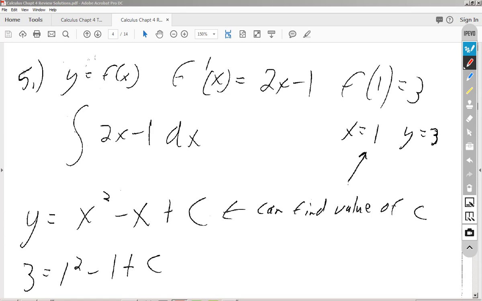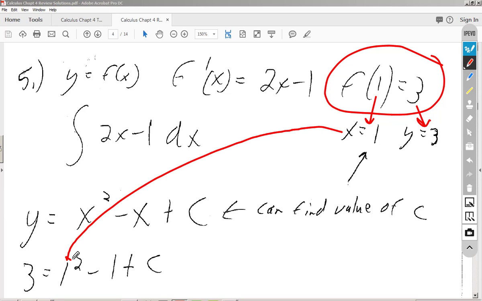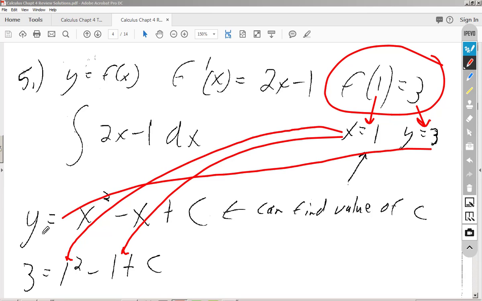But since I'm given this function value in my problem, it says that f of 1 equals 3. I know that this right here is my x value, and this is my y value. I can go ahead and substitute that in to find the value of c. So I'm substituting in 1 in place of my x's. And I'm going to place that 3 in place of my y.